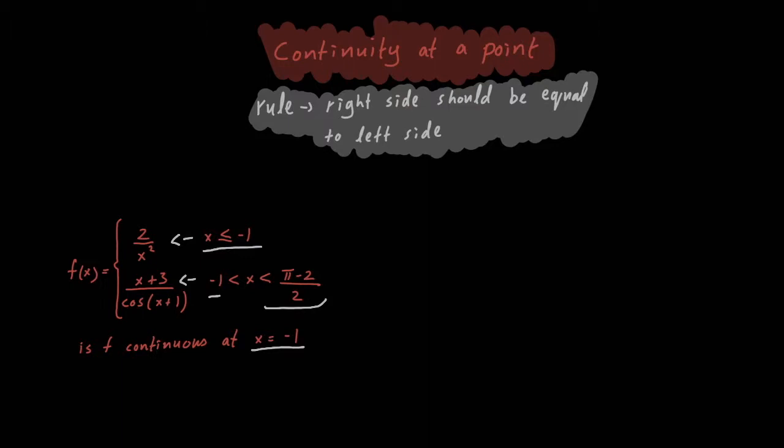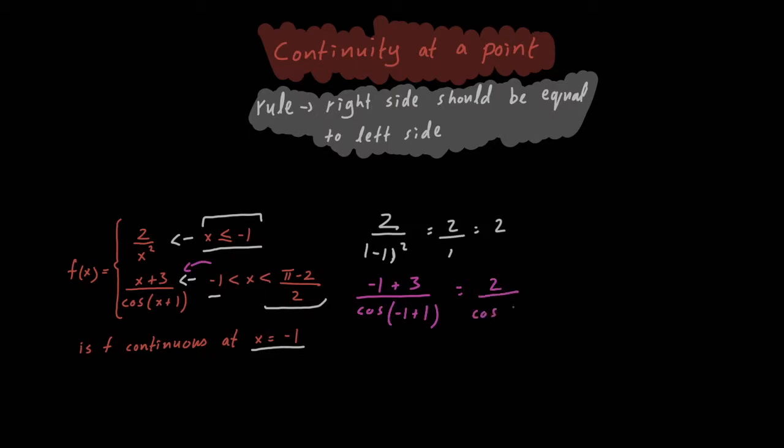So we will simply do left is equal to right. For the left one, for values less than -1, this is the equation, so we'll substitute for -1. So we'll have 2 divided by -1 squared, which is 2 divided by 1, which is simply 2. For the other side, this is the equation. We'll substitute for x and we will get -1 plus 3 divided by cos of -1 plus 1, which is simply 2 divided by cos of 0.